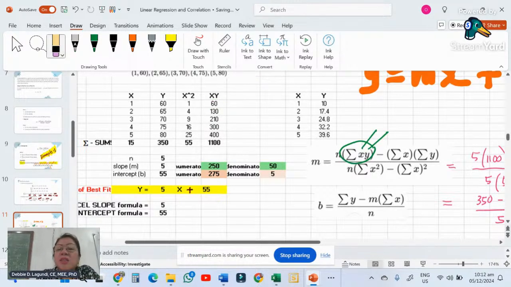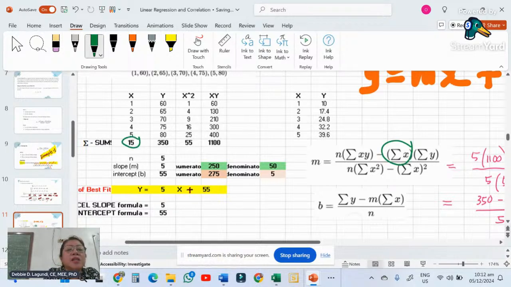Okay, next. You need a summation of x, so here is the sum of x. You need a summation of y, and the summation of y is here.